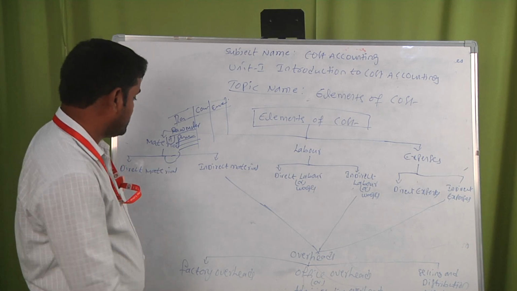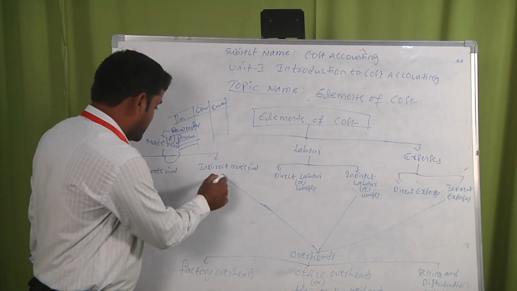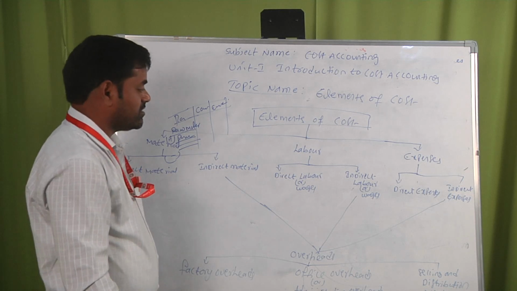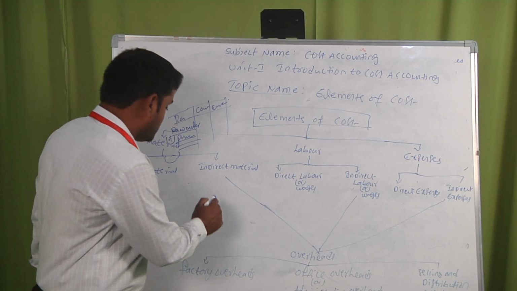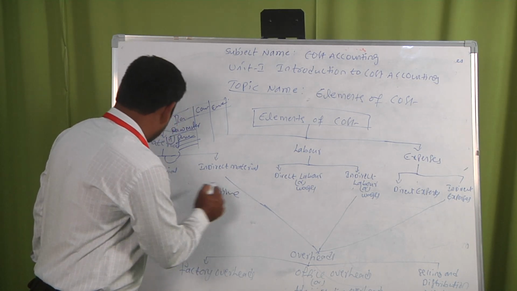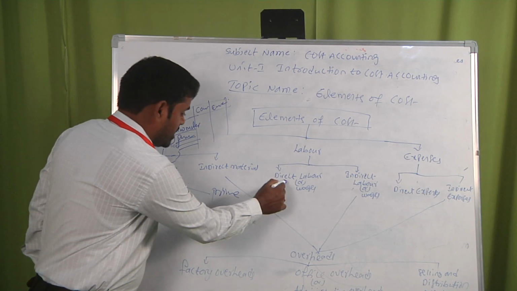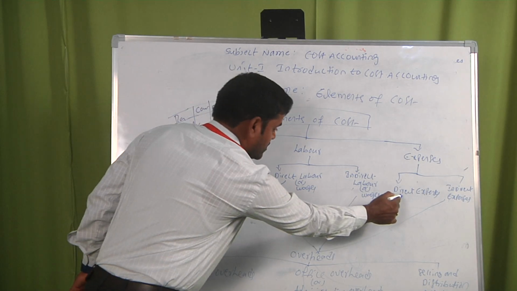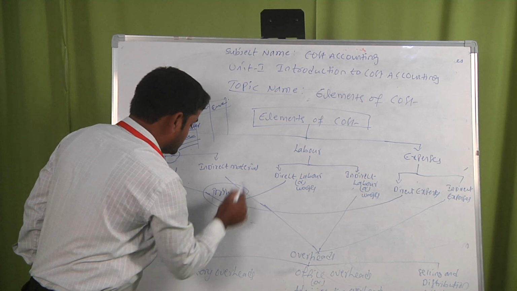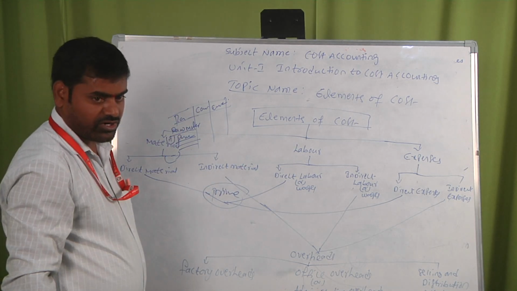Then after that, add direct labor and direct expenses, and we get the prime cost. So direct material, direct wages and direct expenses together are known as the prime cost of the product.